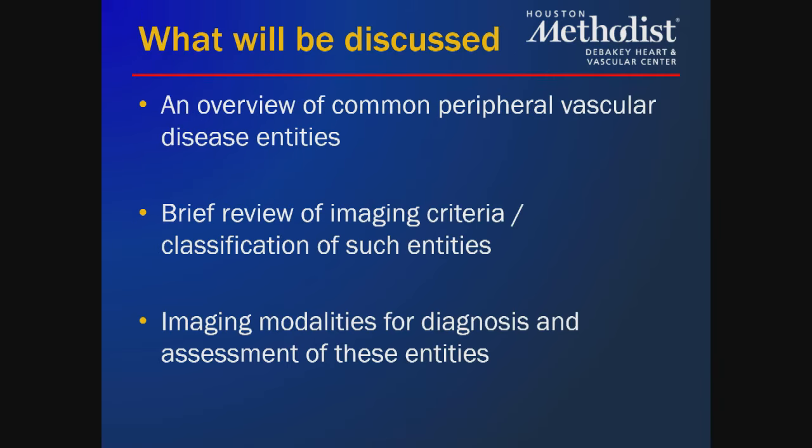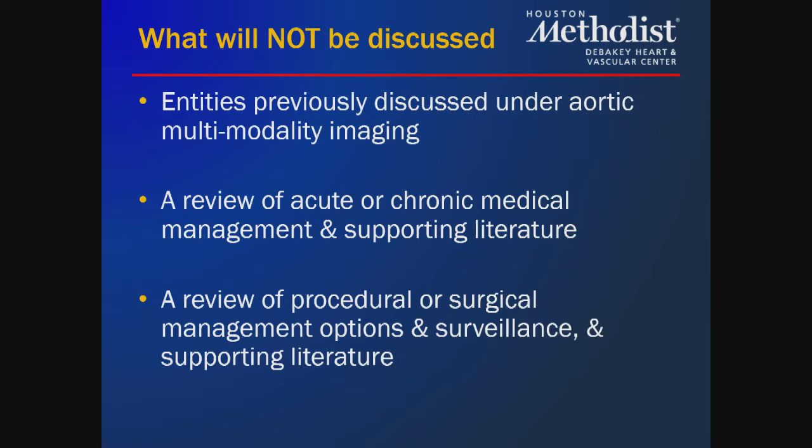Okay, so things I'll discuss. I will give an overview of common peripheral vascular disease entities. I'll also go over, very briefly, imaging criteria and classification of such entities. I'll go over the imaging modalities and techniques we use to try to assess these things. What I won't go over are entities that were previously discussed in the aortic multimodality talks.